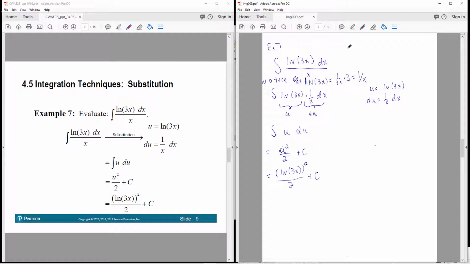Let me write it up here. So what you really have there is ln of 3x times 1 over x dx. So now you can see your u du.